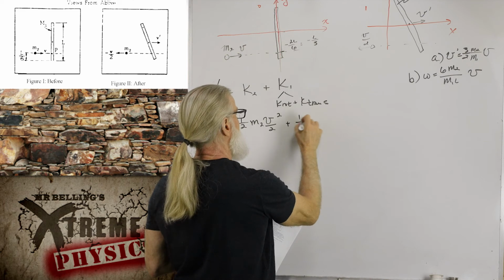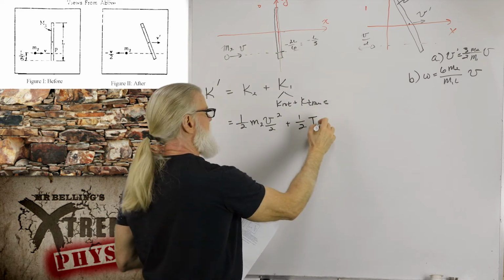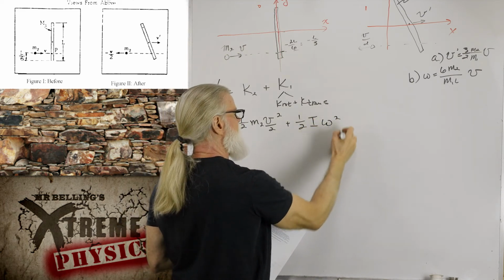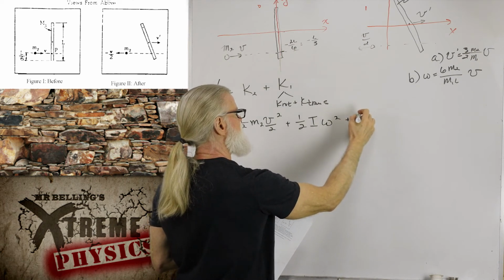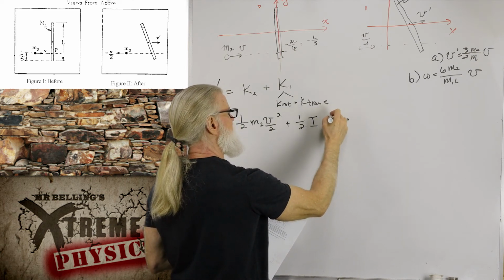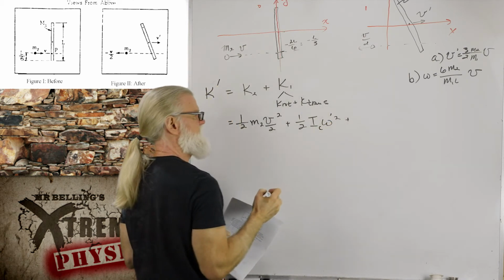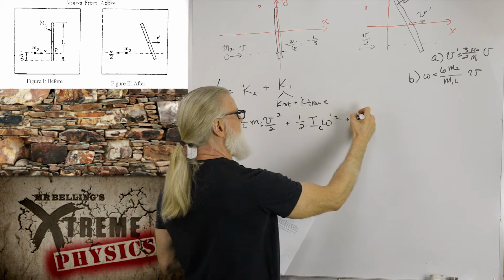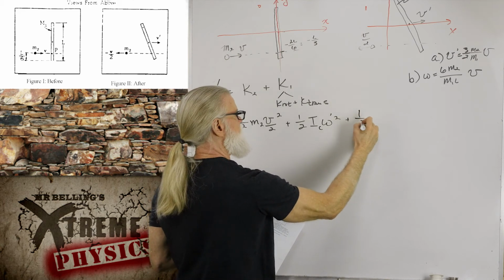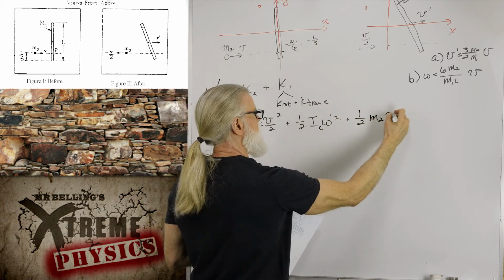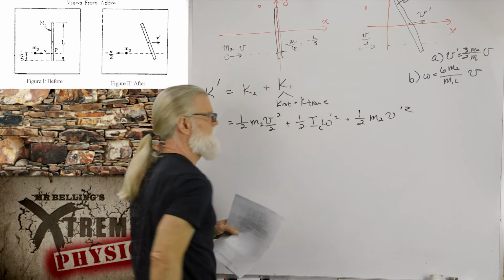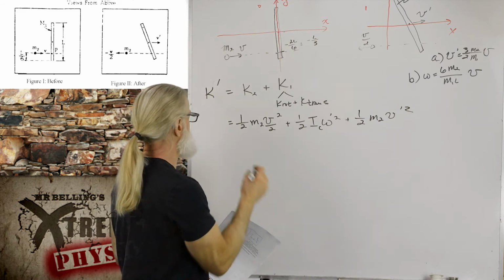That's going to be 1/2 I omega squared afterwards, around the center, and K trans is going to be 1/2 m2 v prime squared. All right.